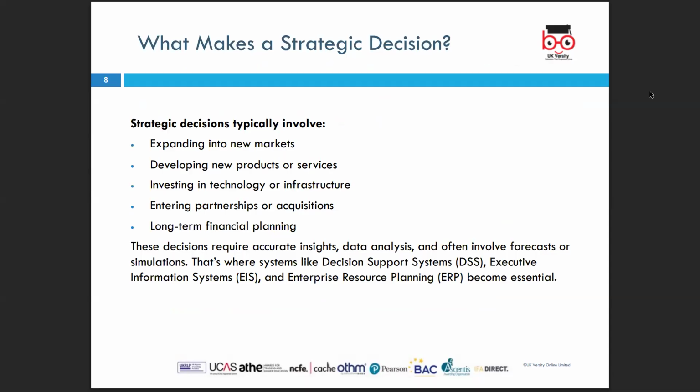We now know that this will typically involve expanding into new markets, developing new products or services, investing in technology or infrastructure, entering partnerships or acquisitions, and also looking into long-term financial planning.